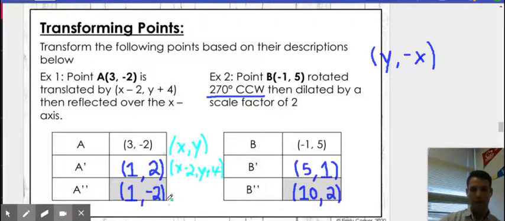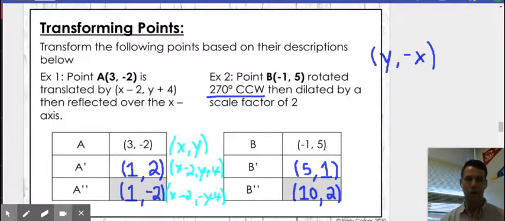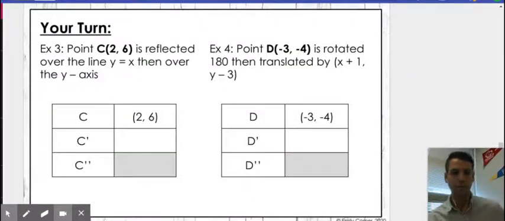And then I made my y value negative, so that would keep my x minus 2 the same, and I would make the y plus 4 into -y minus 4. And that would be the general version of what just happened, which is a little bit harder to conceptualize while you're doing it. Let's move on to our next example.